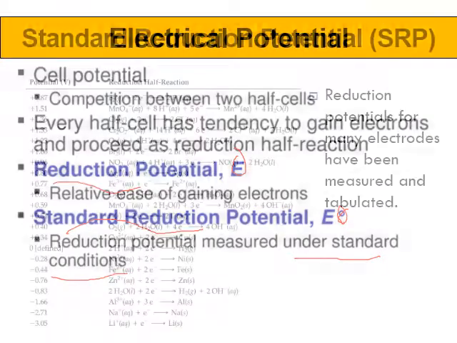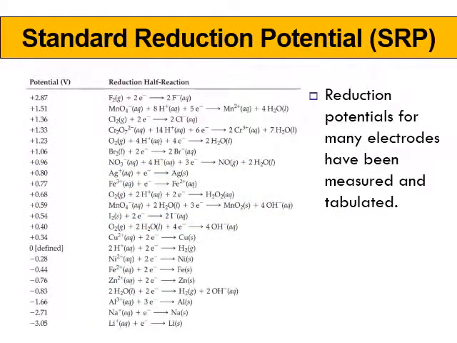Okay, this is the standard reduction potential table that I told you about in the lab before. You have seen this. We have a potential based on the reduction occurring in the half reaction. It doesn't matter what it actually is, it is based on the reduction itself. So all the substances here are gaining electrons, because reduction is gain of electrons.